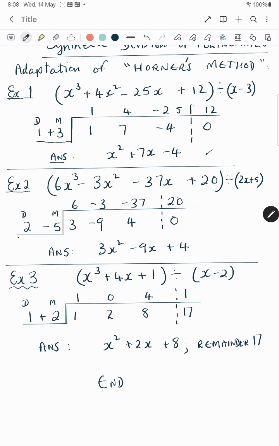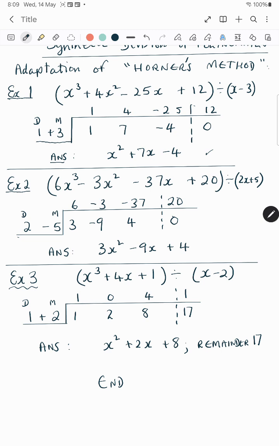So first of all, we'll divide 6 by 2, which gives 3. Right, and now we have to multiply 3 by minus 5, which is minus 15. Added on to minus 3 is minus 18. But now we have to divide that by 2, and that gives us minus 9. Okay. And now minus 5 times minus 9 is 45.